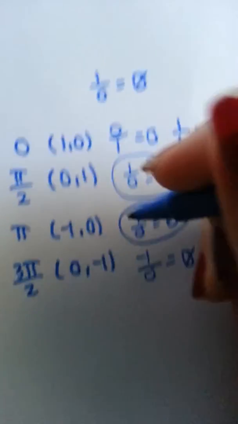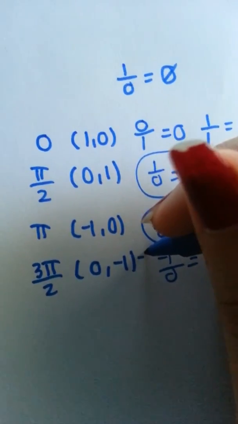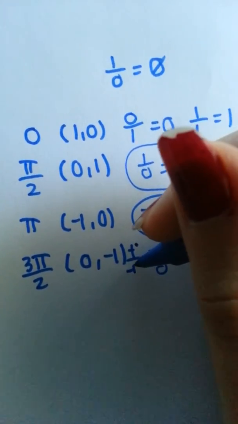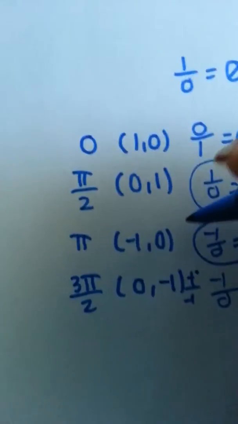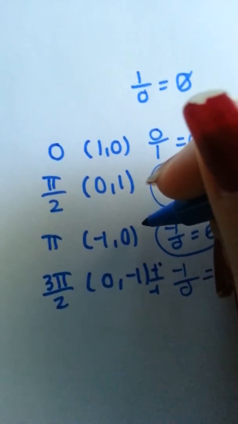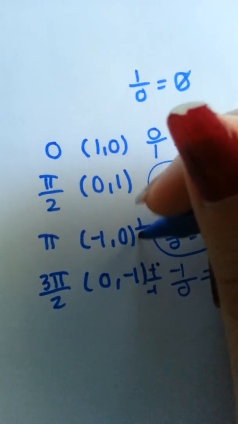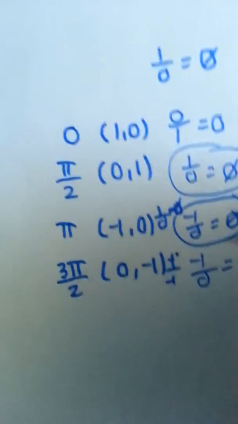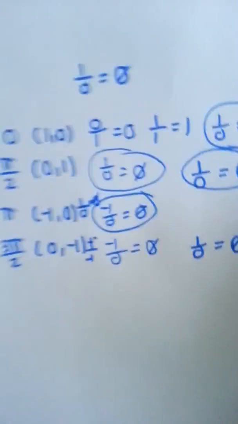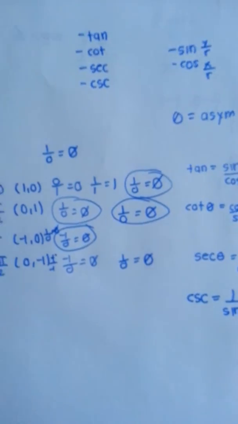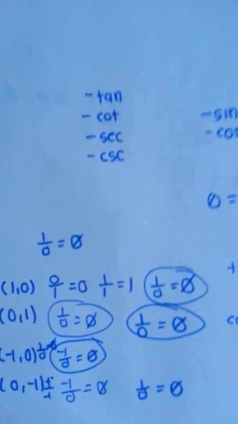And at 180 degrees, it's 1 over 0, which gives us undefined, meaning there is an asymptote. And this is why there are no asymptotes in sine and cosine, but in the other 4 there are.